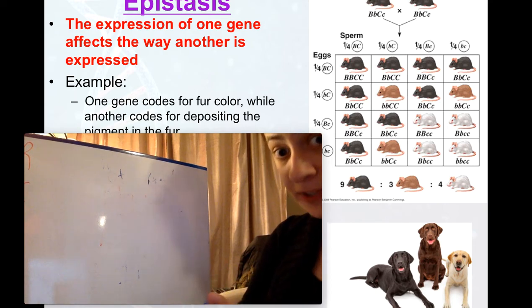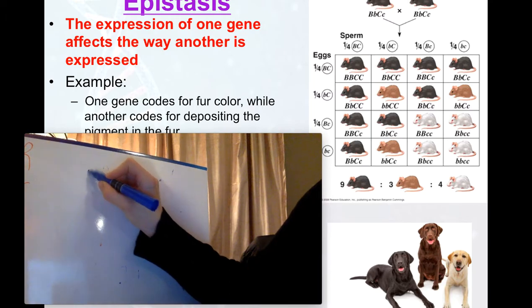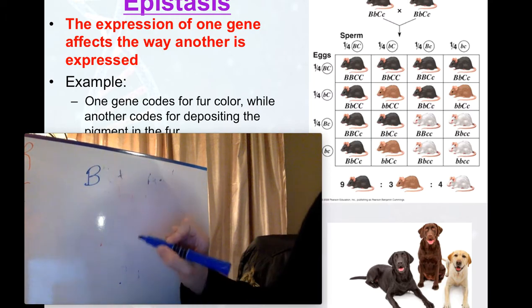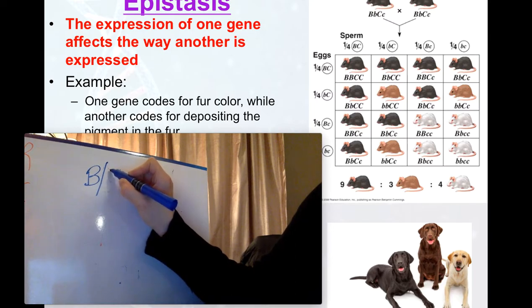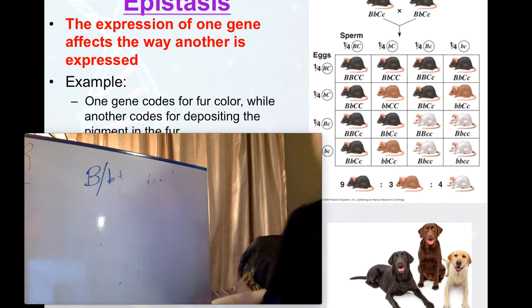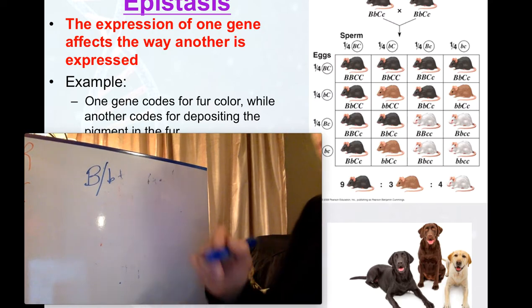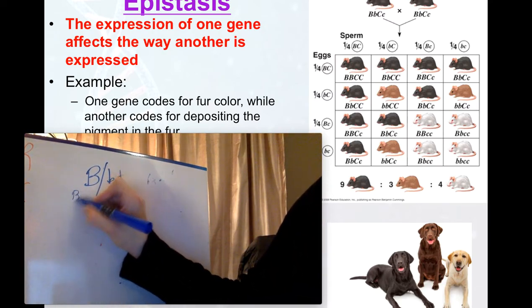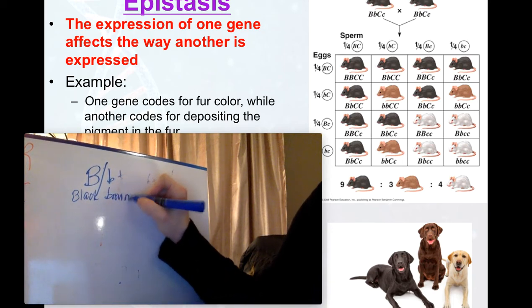You have this picture in your notes as well, but the black lab has to have the big B allele, and it may have a second big B allele, but it could also have the recessive b. So big B is for black, and little b is for the brown allele.